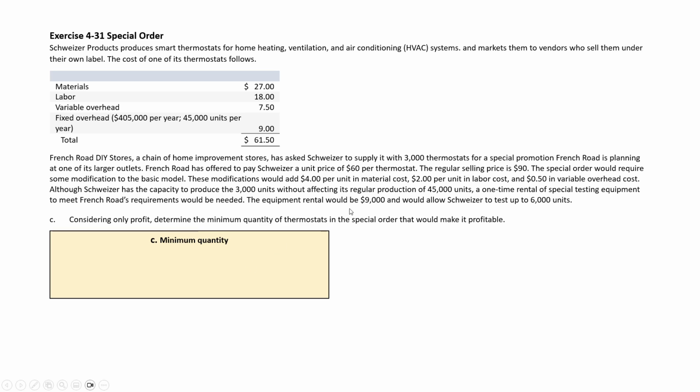Well, the only additional fixed cost that we incur is the $9,000. Here, I'm not worried about cutting off the zeros. Yes, I know some of these problems get confusing. Sometimes add the thousand, sometimes don't.